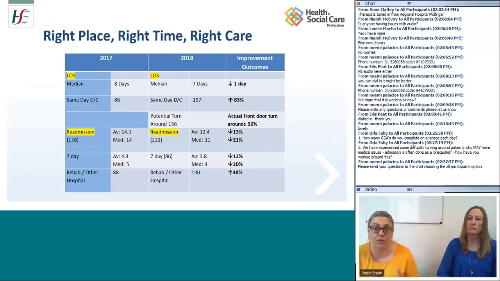As you'll see from our own data, comparing 2017 to 2018, our median length of stay has gone down a day. Our other hospital admissions and rehab admissions have gone up by 48%, and our readmission rates have come down by 21%. And that's because people are getting the right treatment in the right place, for the right people.